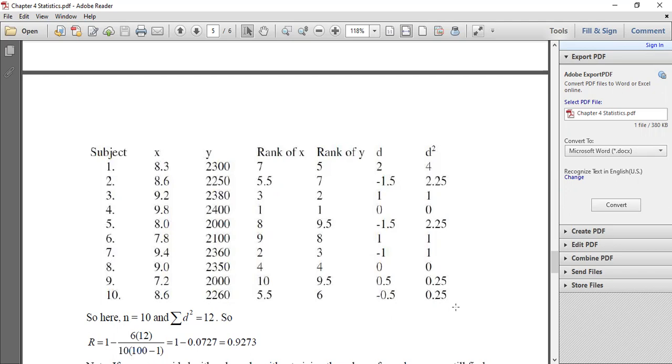Remember here we are only interested mostly in the application, and like we said, the first one was on the weight and the blood pressure. So that is something that you can do. Something else you can do is your score and the number of hours that you study.